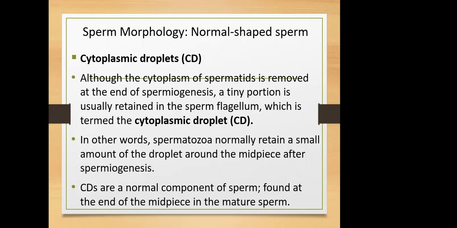All right. So these are normal components of sperm. And they are found at the end of the midpiece in the mature sperm. So it means that you are going to see them between the neck and the tail. They are going to be around that place. And it's normal. Very, very normal.